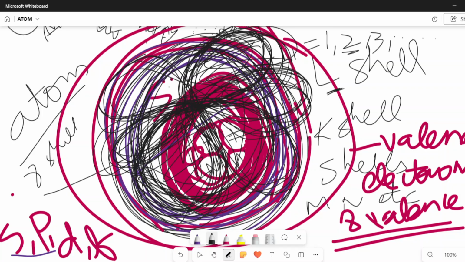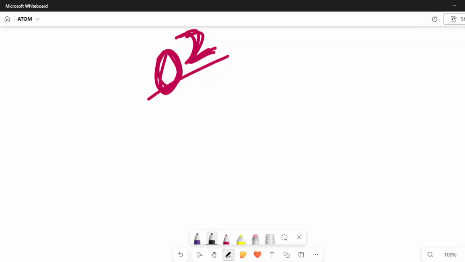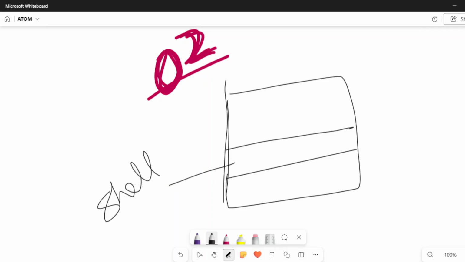So if you take an analogy, the easiest way to make you understand is if you are having a big apartment, and you have a particular floor, this will be your shell. And here we have different types of rooms, 2 BHK, 3 BHK. So different types of rooms.